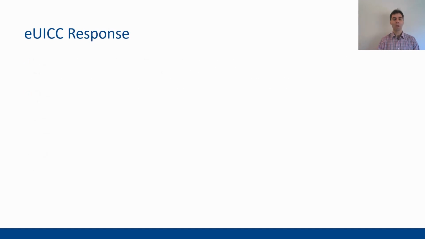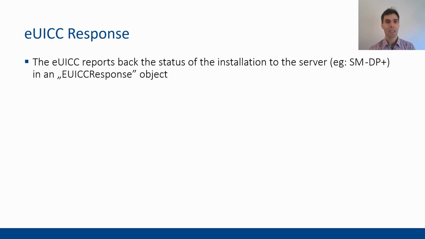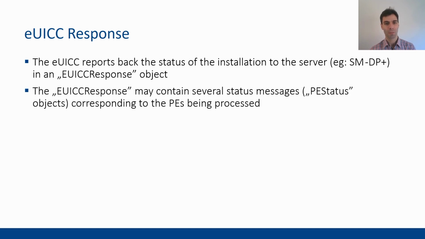Now, let's see what the possible EUICC responses are. How does the EUICC response structure look like? The EUICC reports back the status of the installation to the SMDP server in an EUICC response object. The EUICC response may contain several status messages, PE status objects, corresponding to the profile elements which are being processed.